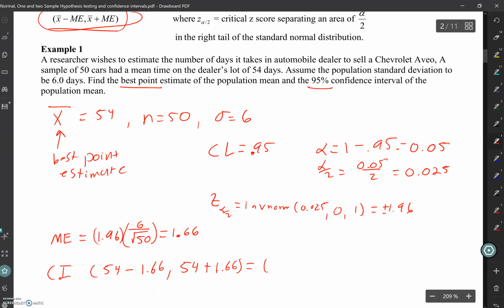So what does that give me? $52.34 and then 55.66, right?